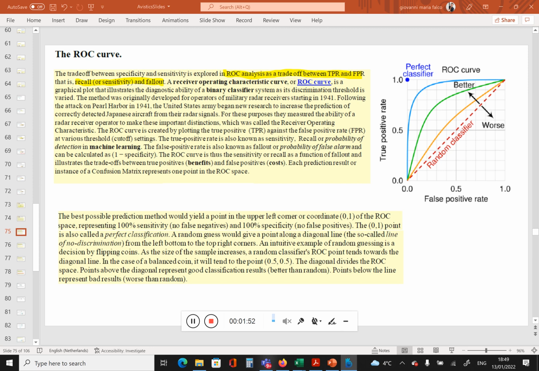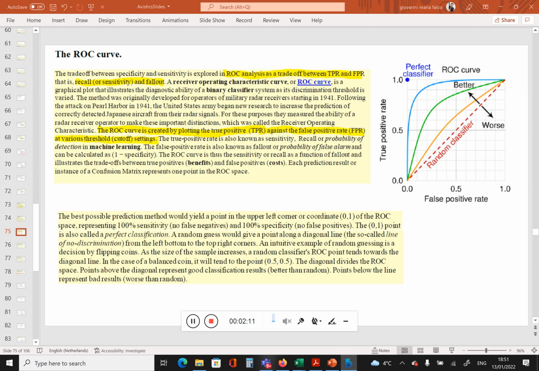The basic idea of the ROC curve is to make a plot of the true positive rate on the y-axis against the false positive rate on the x-axis at different values of the cutoff.